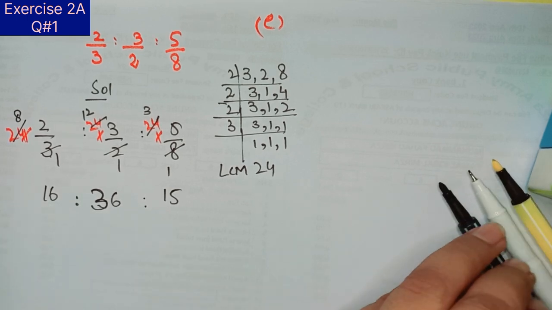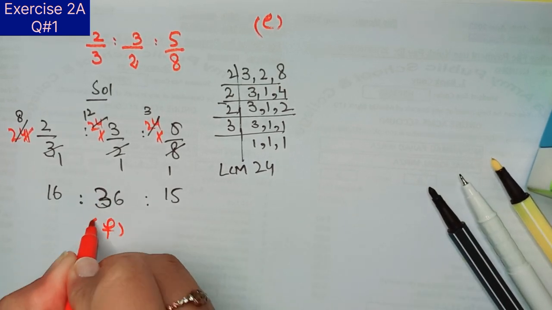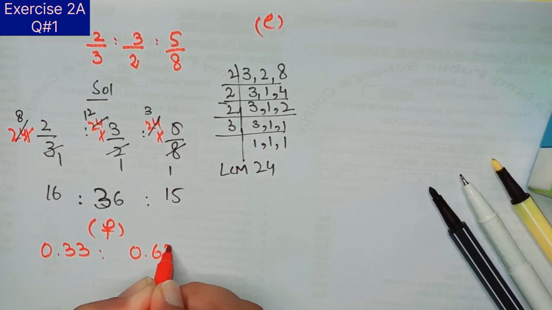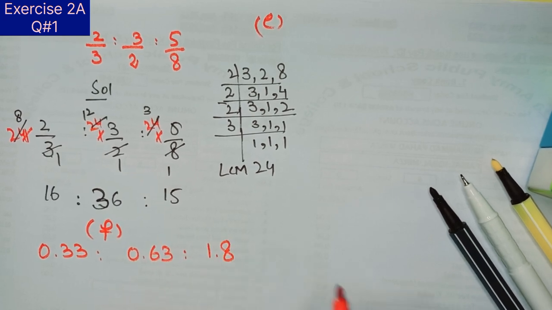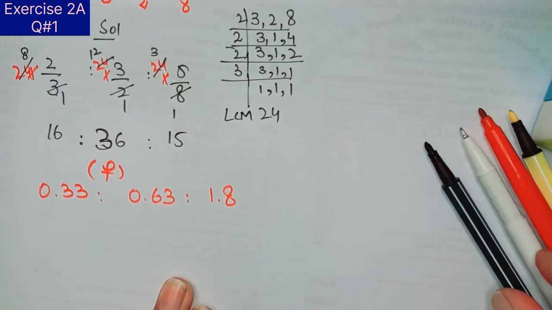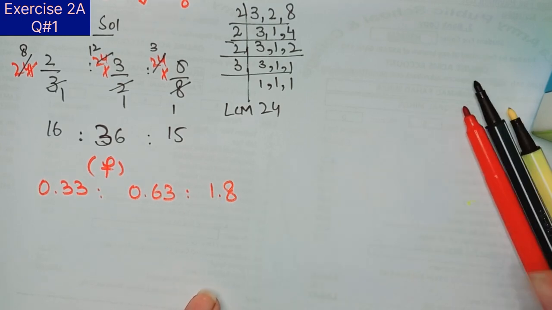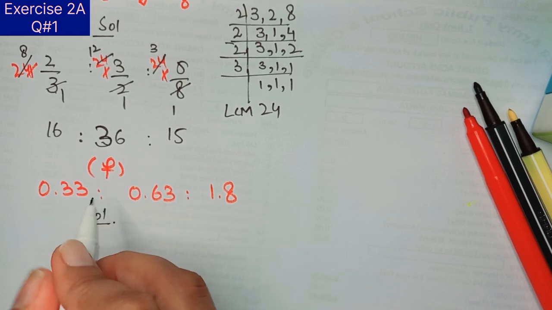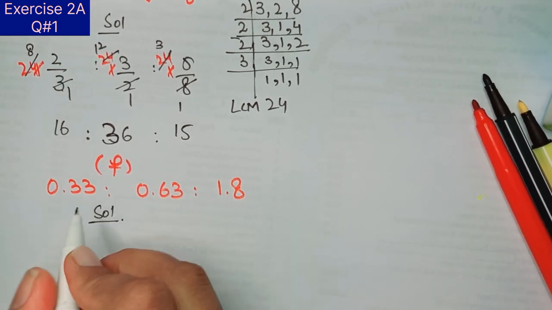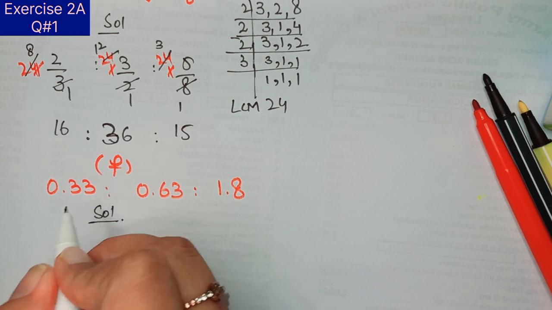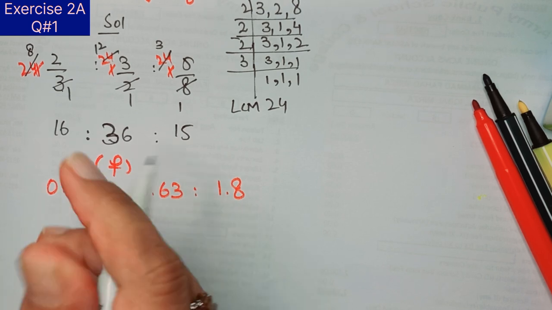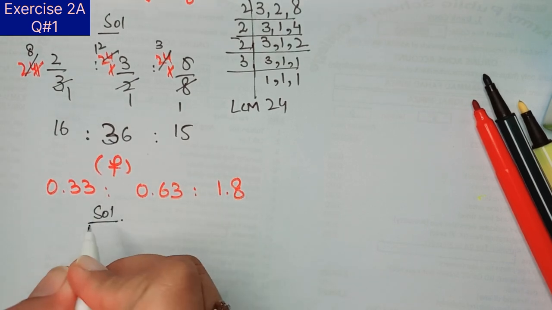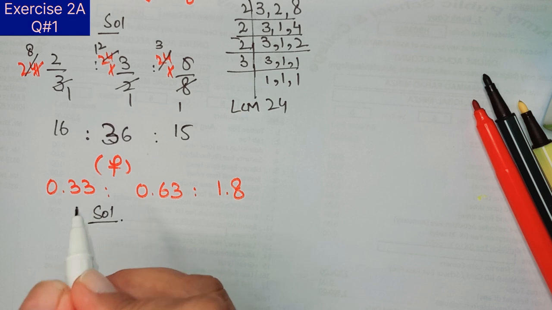Now the F part we are having 0.33, 0.63, 1.8. Now, dear students, first I will remove this decimal. Like the question we have done, the C part.